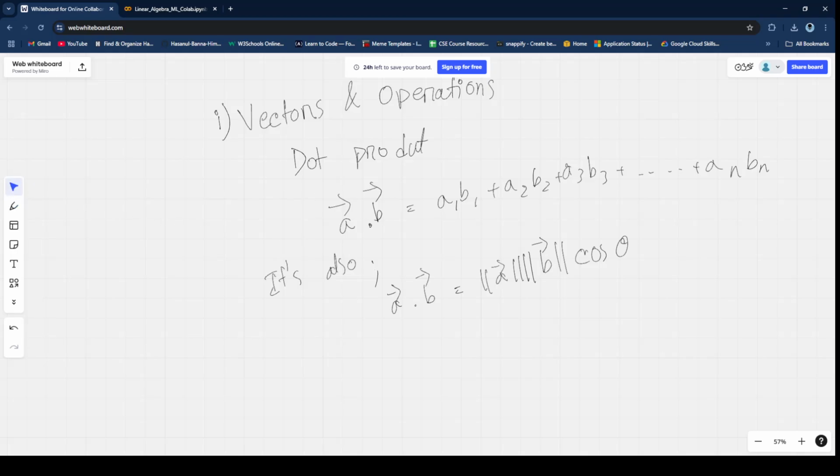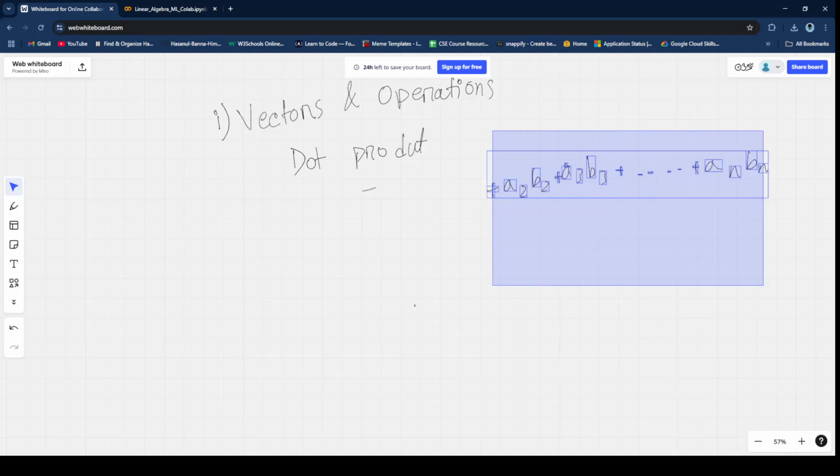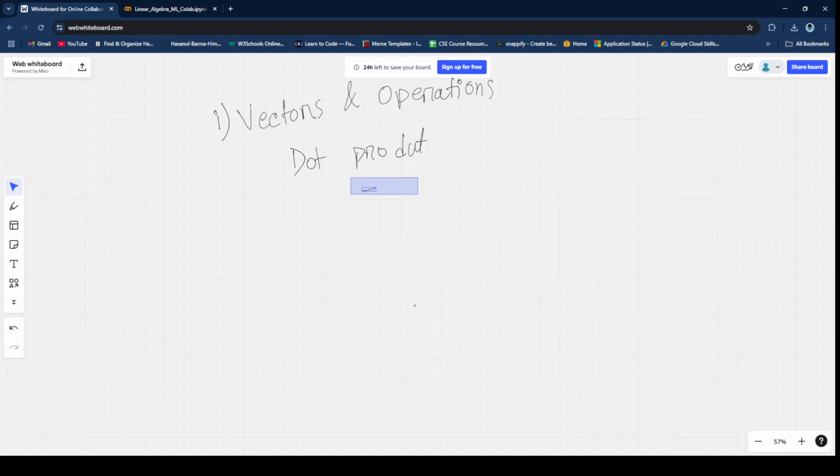If you have any questions regarding anything, you can drop them in the comments, and I will try to clarify your doubts. Now let's say if the result is greater than 0, it will be an acute angle.